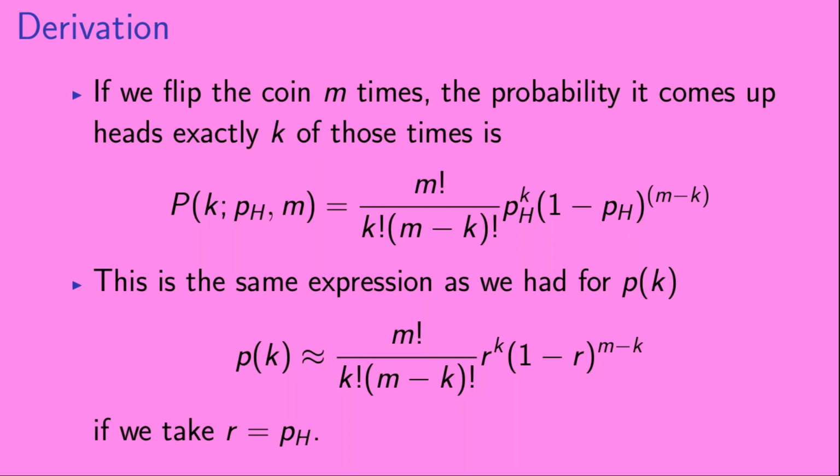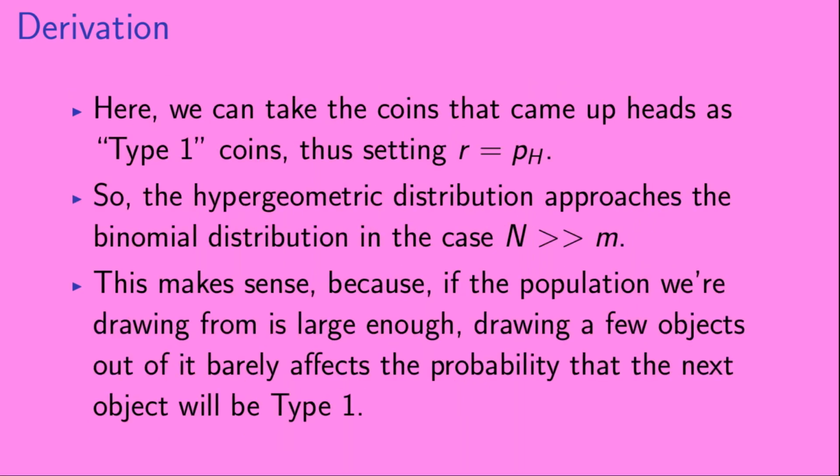Now this is the exact same expression that we had for p of k if we take r equal to ph. So here we can take the coins that come up heads as type 1 coins, thus setting r equal to ph.